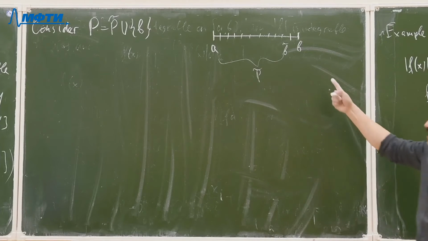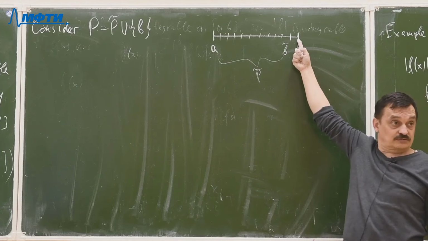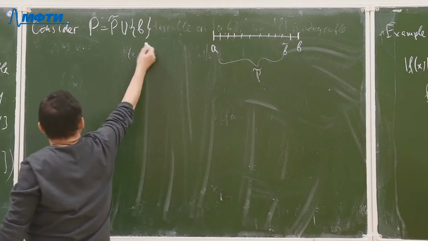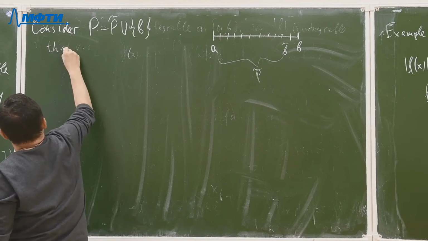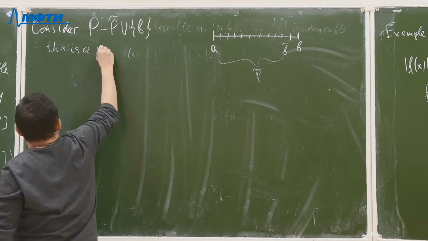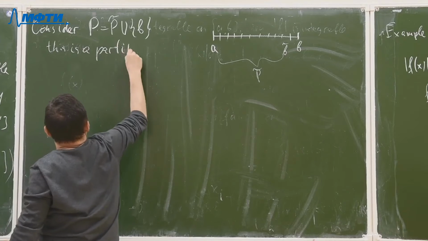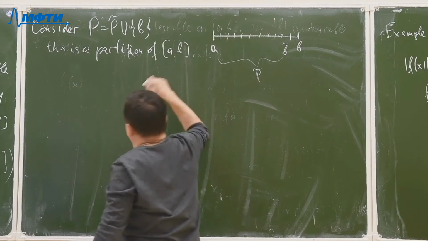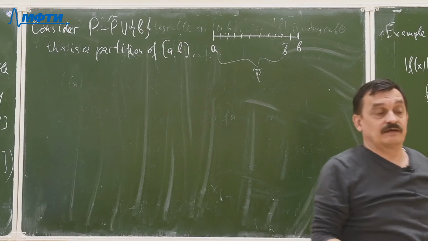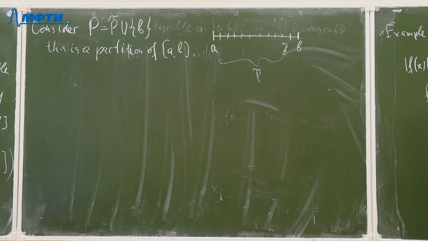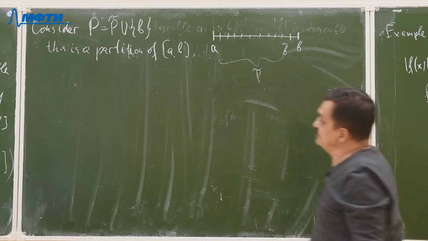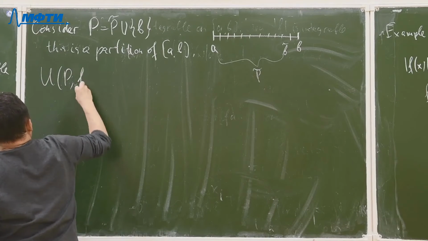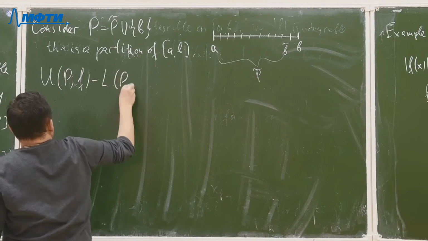And we add just one point, the last one. Then this is a partition of [a, b]. Now let us write the difference between upper and lower sums according to that partition.